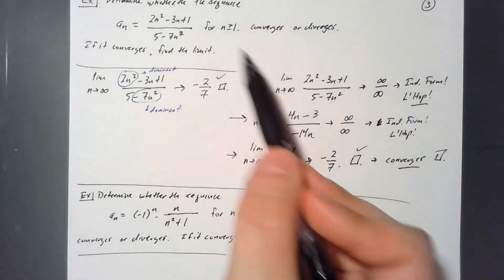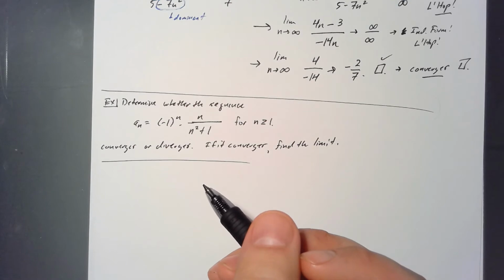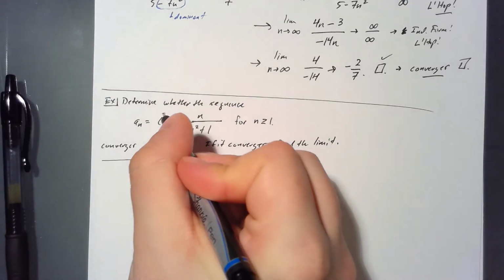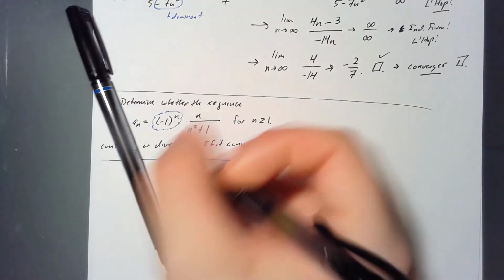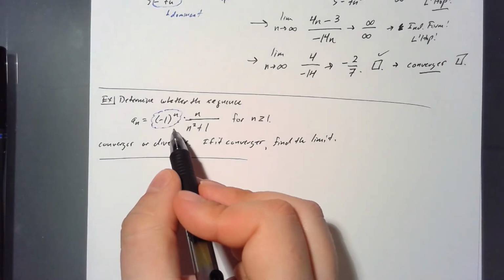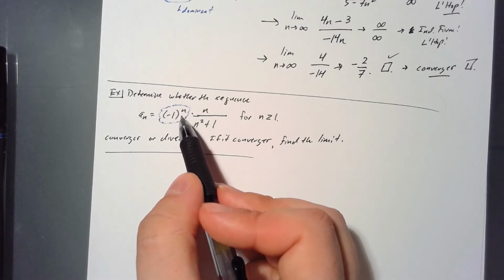It could be a straightforward limit, but this one's not so straightforward, and it's all because of this little guy right here. I mean, it's staring you in the face. That term that's being multiplied by this, that's kind of making you feel a little uncomfortable.